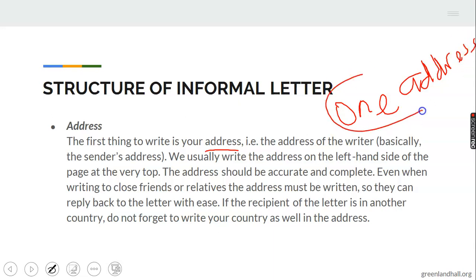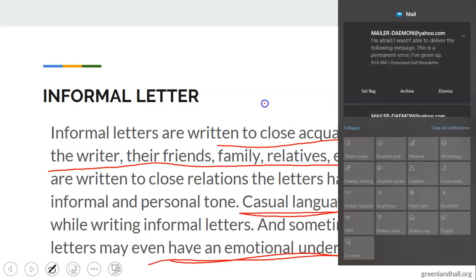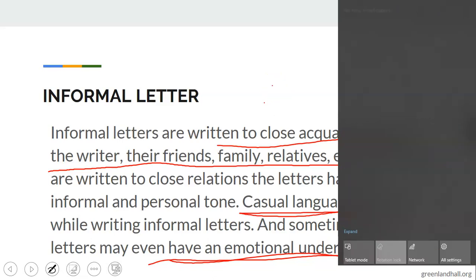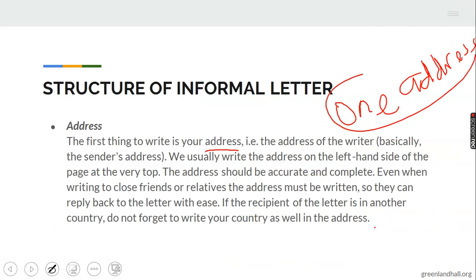And it's always on the right hand side of the margin.